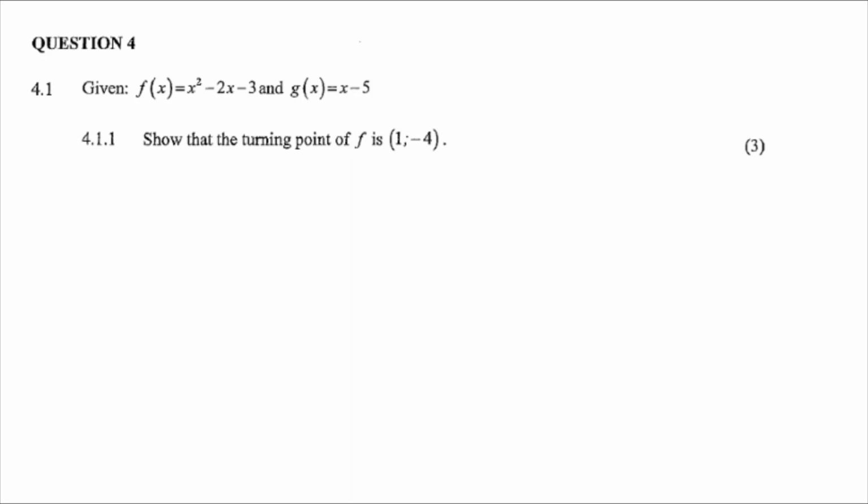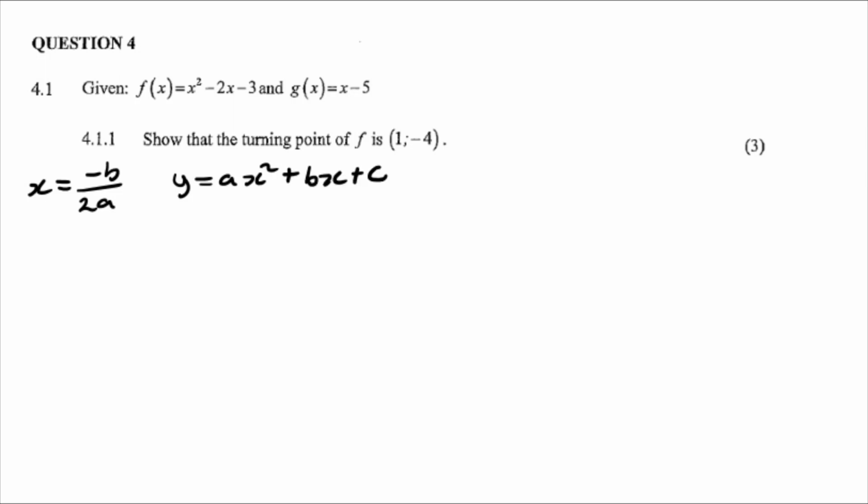For the first question, it's pertaining to the turning point, and we can use the equation of the axis of symmetry to find the turning point. For a parabola, the axis of symmetry is x is equal to minus b over 2a. A quadratic function, or a parabola, is y is equal to ax squared plus bx plus c.